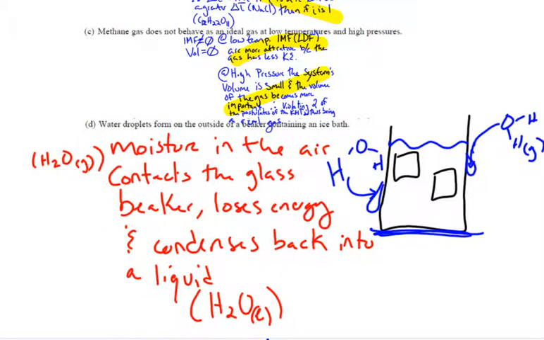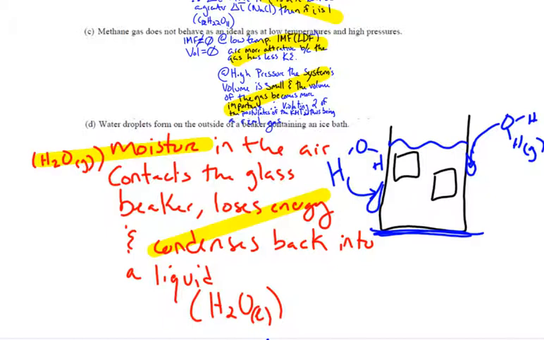All right, this question, I believe, is worth 2 possible points. You got 1 point for pointing out that it's water in the air, so moisture in the air, and 1 point for talking about it losing energy and condensing.